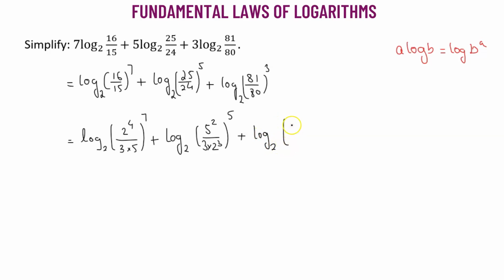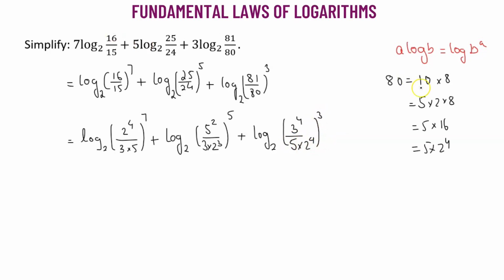We have 81, so 81 is 3 raised to the power of 4 and 80 is, so write it down, 80 is 10 times 8, so 10 is 5 times 2, so we have 5 times 16 and 16 is 2 raised to the power of 4. We have 5 times 2 raised to the power of 4 whole raised to the power of 3.